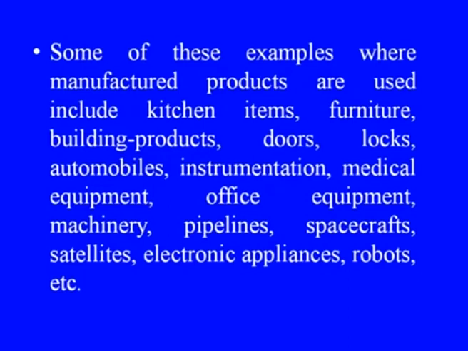Some of these examples where manufactured products are used include kitchen items, furnitures, building products, doors, locks, automobiles, instrumentation, medical equipment, office equipment, machineries, pipelines, spacecraft, satellites, electronic appliances, robots and so on.